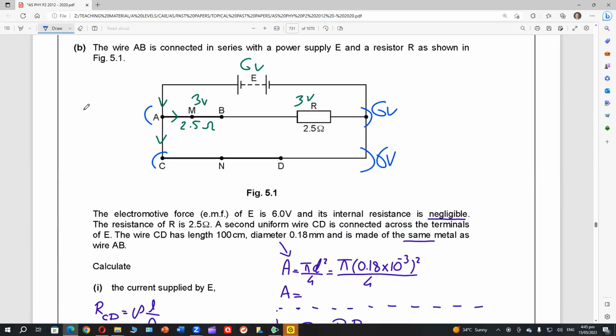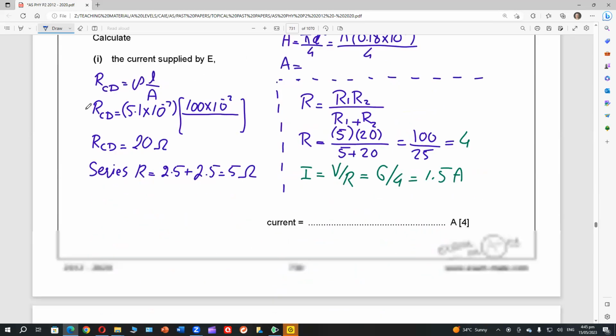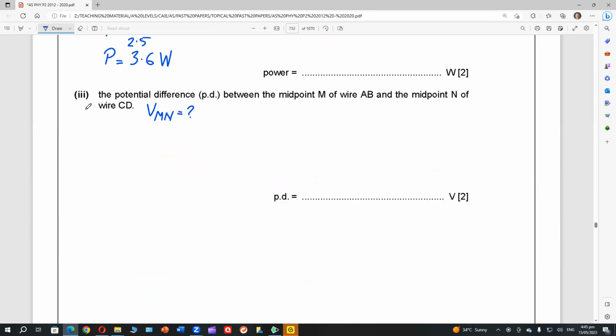So if it is 3 volt across AB, can I halve it and make it 1.5 on AM? Yes, because it's the same wire.